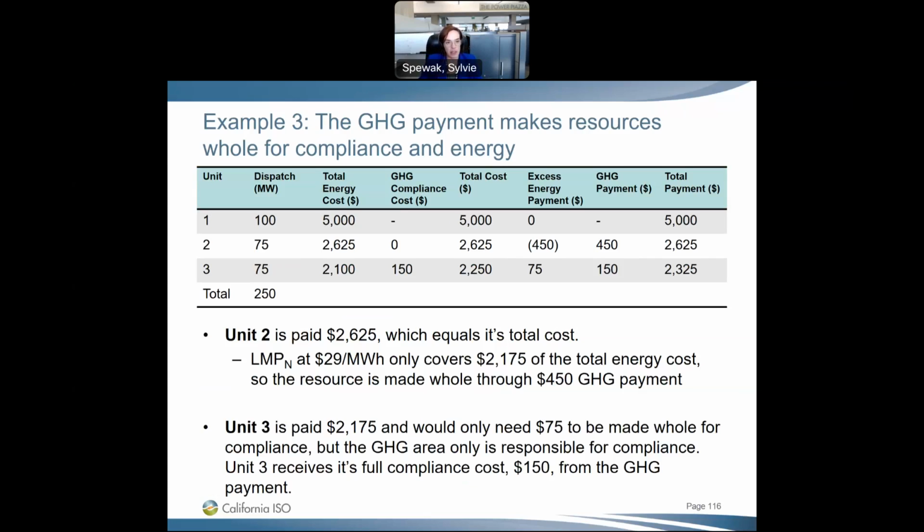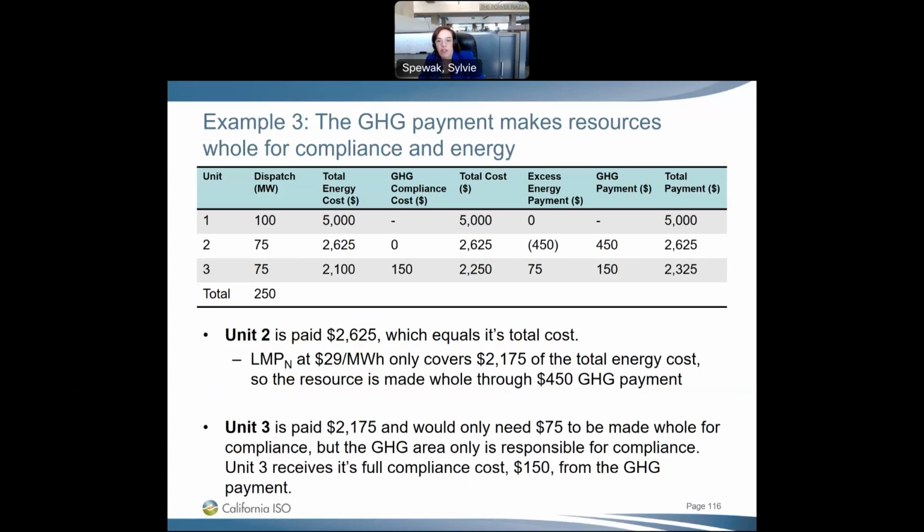Finally, Unit 3 is dispatched to 75 megawatts. The total cost of this resource is $2,100, but it also has a GHG compliance cost on 25 megawatts of the resource, so the total cost of this resource is $2,250. It receives an excess energy payment from the non-GHG area and receives a GHG payment from the GHG area.